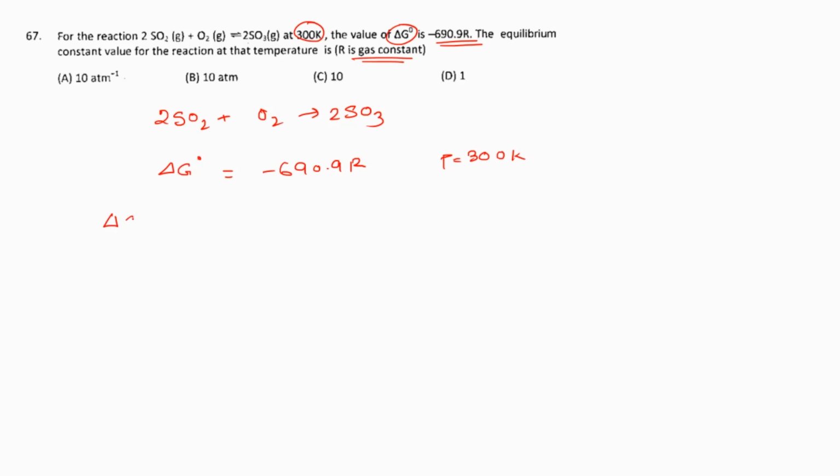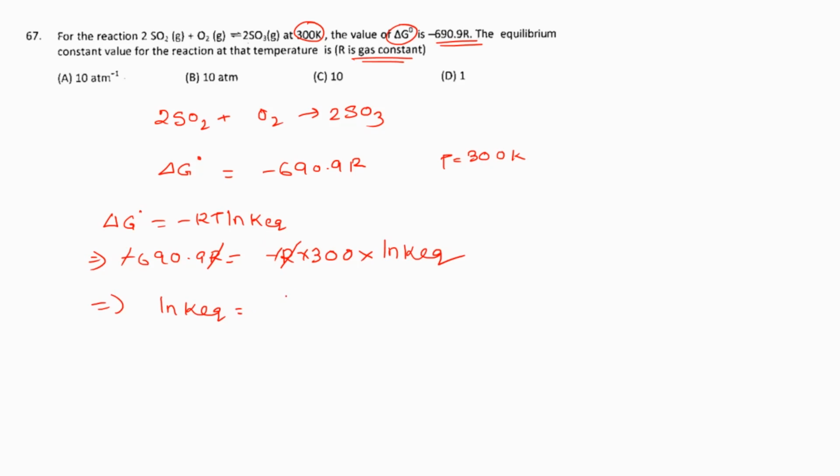And I know the formula del G naught is equal to minus RT ln K, or K equivalent, whatever you say. So I am just putting in the values. It turns out to be minus R into 300 into ln K equivalent. So rearranging it, ln K equivalent comes out to be 690.9 by 300.